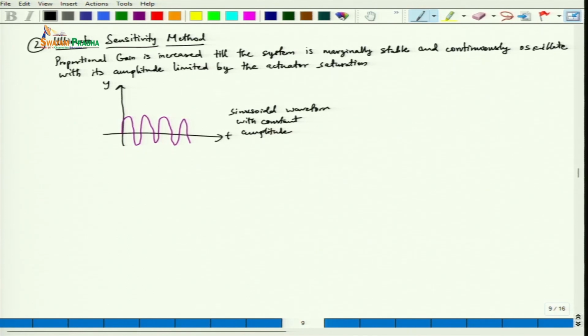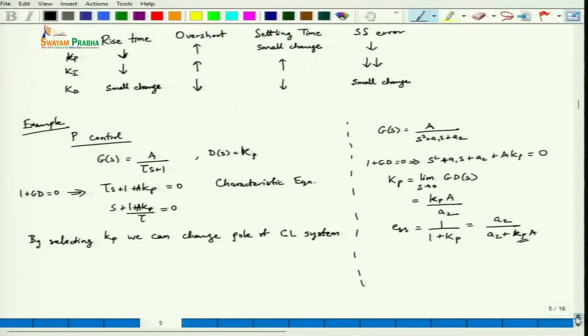So in theory, we can take any system and keep on increasing Kp, and as we had seen for this first order example, by just increasing Kp, we can keep on reducing the steady state error.